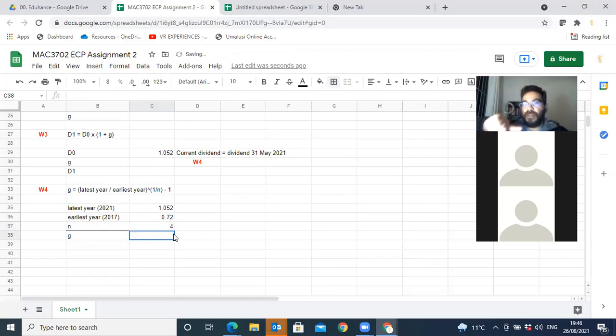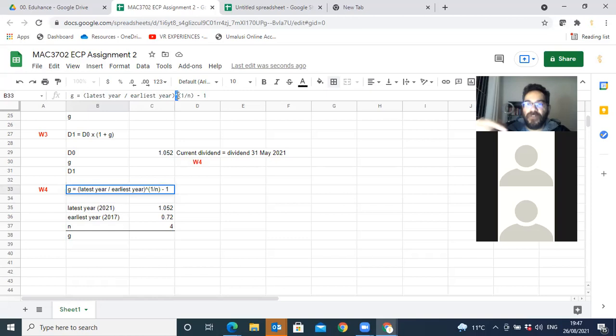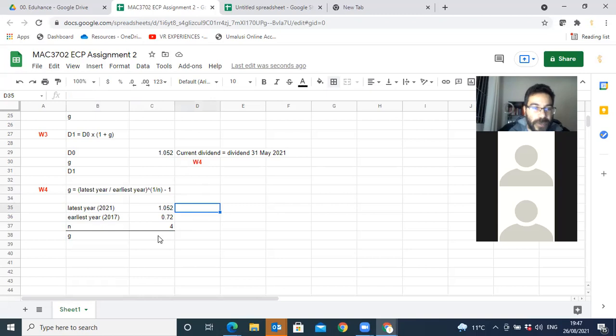Remember this thing over here represents to the power of, as an exponent. So just take note of that. When I want to calculate G, I'm going to say equal, open bracket, latest year divided by earliest year, close the bracket. Then to the power of, open the bracket, 1 divided by n.